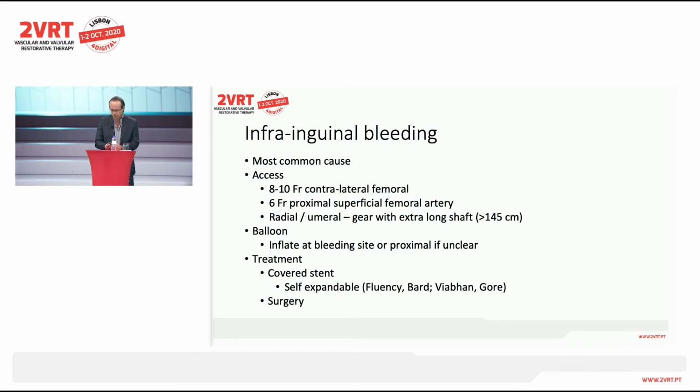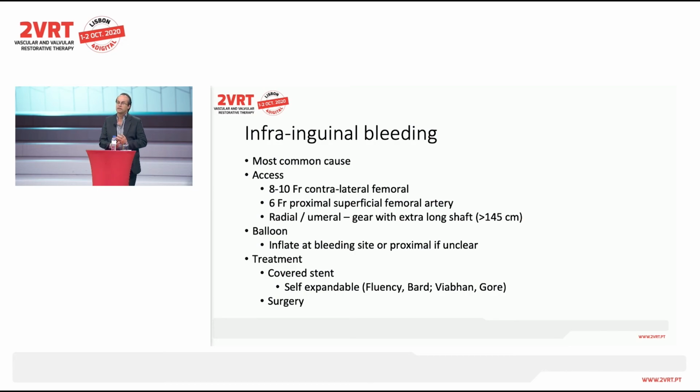But the most common place to have a bleeding is at the femoral artery, is infra-inguinal bleeding. Most of the times you need a contralateral access. It's very difficult to control the bleeding going from the same side unless you go well into the superficial femoral artery.